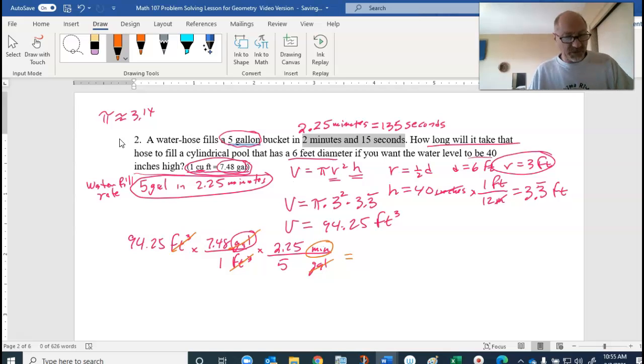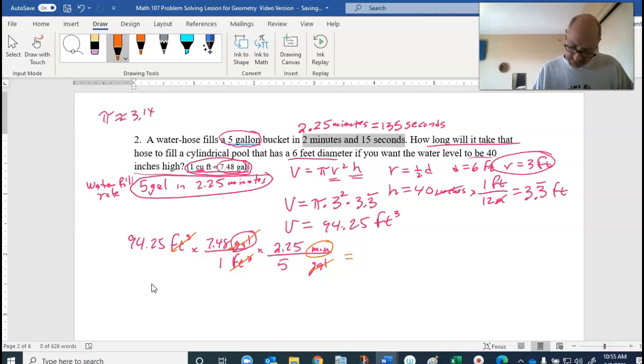So I'm going to take that number that's still in my calculator, right? I've got 94.25 in my calculator still. I'm going to multiply it by 7.48. I'm going to multiply it by 2.25, and then I'm going to divide by 5.